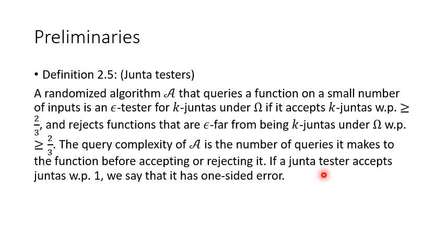And we will say that if a junta tester accepts juntas with probability 1, then it has one-sided error, like in the case of the algorithm presented in our paper. Let's also note that this algorithm has some gap.